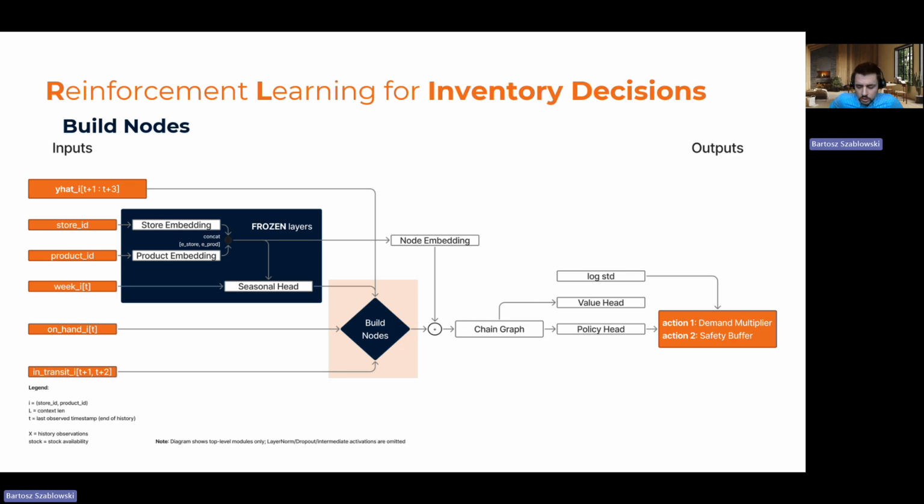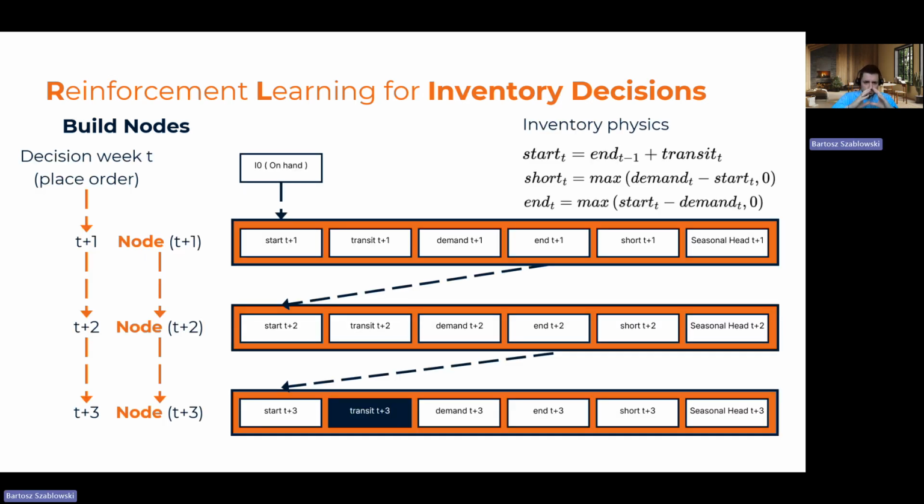Now let us move to the architecture details and start with the operation of building a graph, or building graph nodes between future weeks. Each node represents information for one of the future weeks.